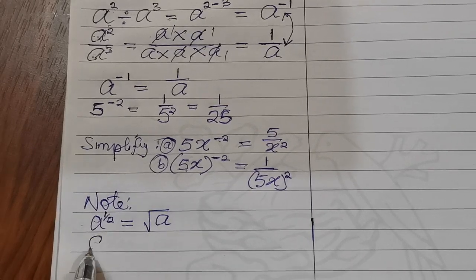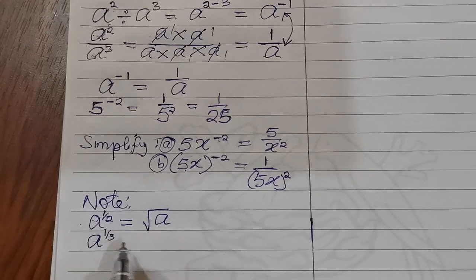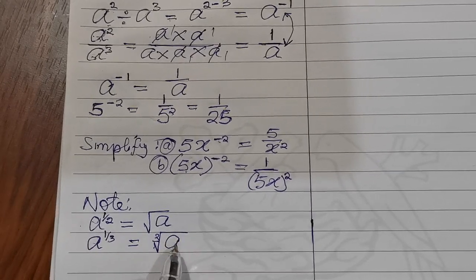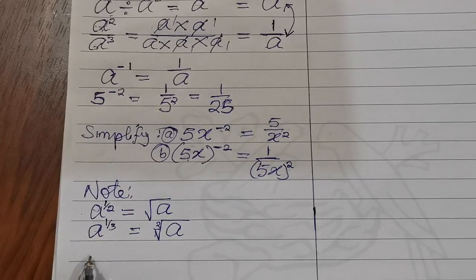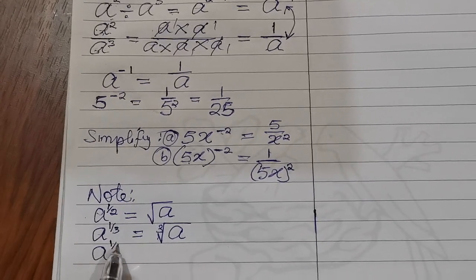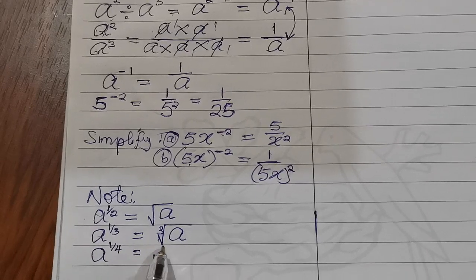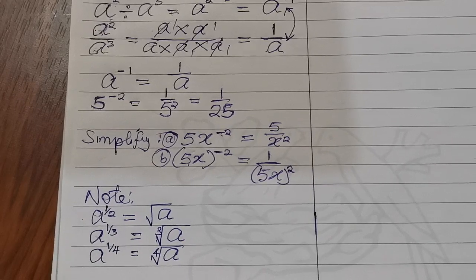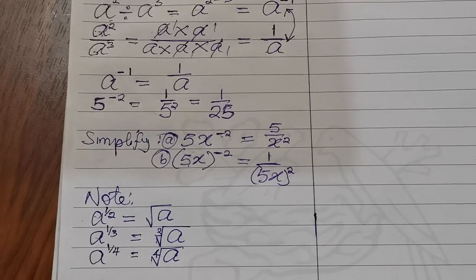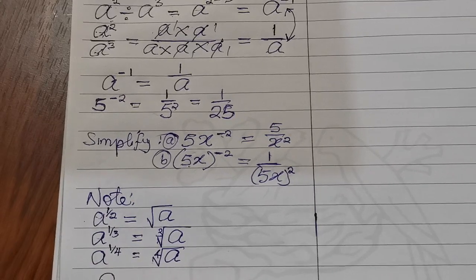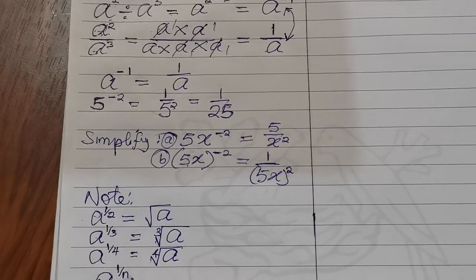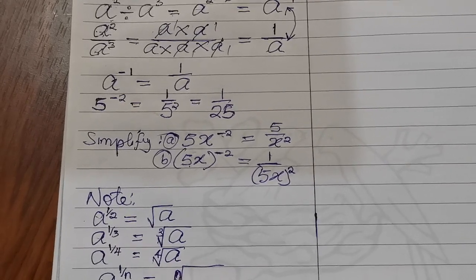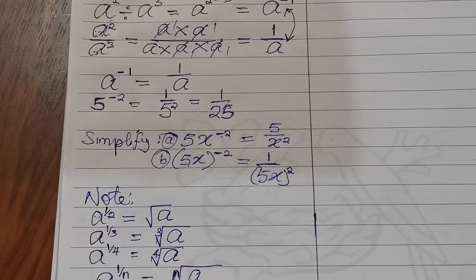If we have a raised to the power 1 over 3, this means the cube root of a. If we have a raised to the power 1 over 4, this means the fourth root of a, and so on and so forth. So if I have a raised to the power 1 over n, it means the nth root of a.